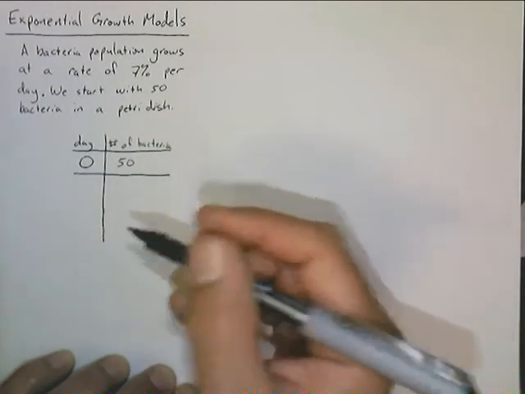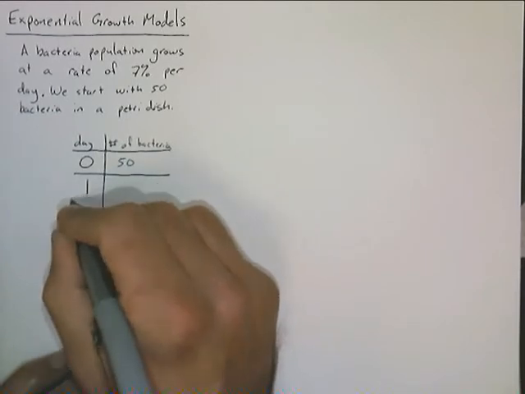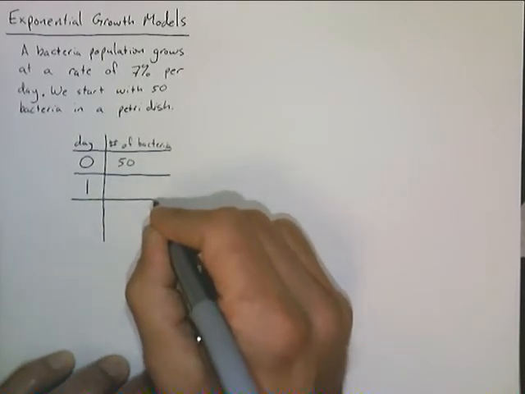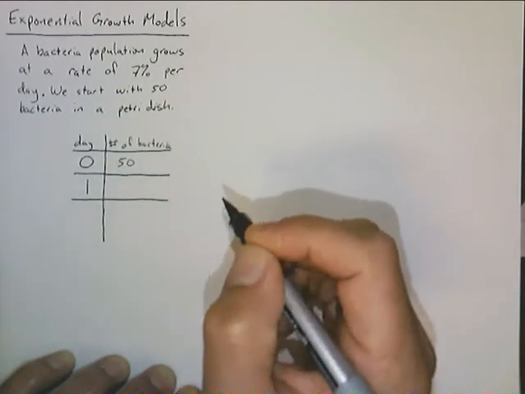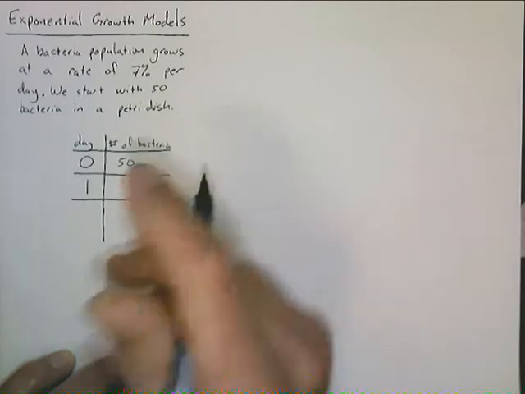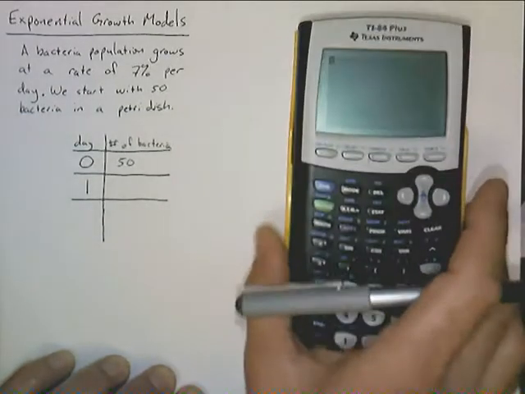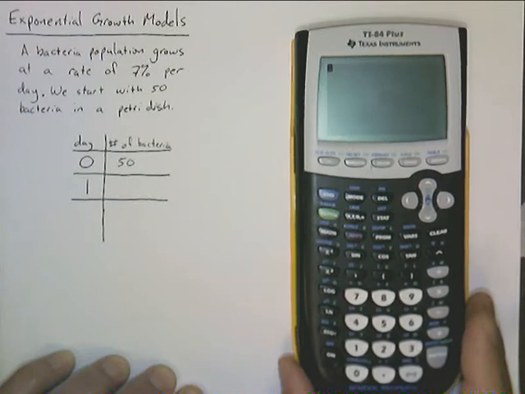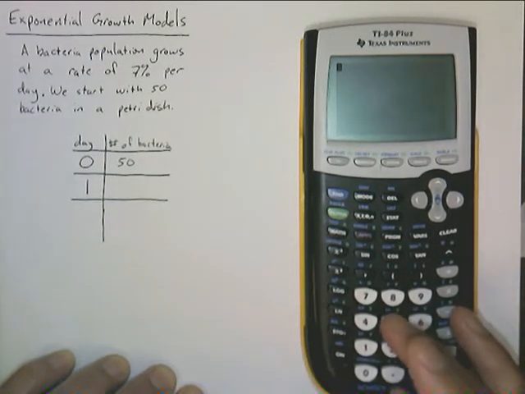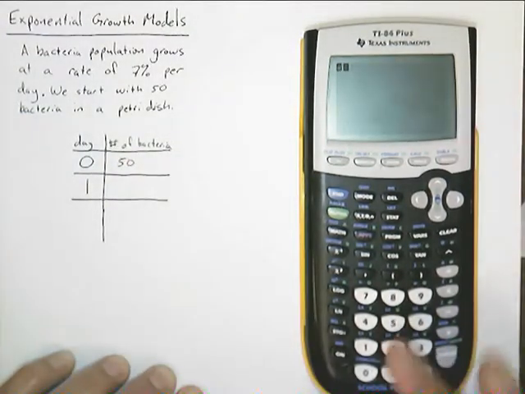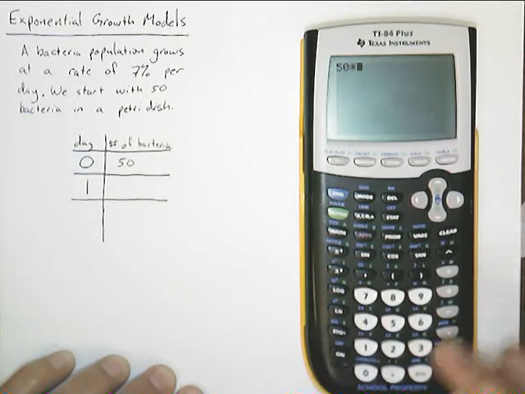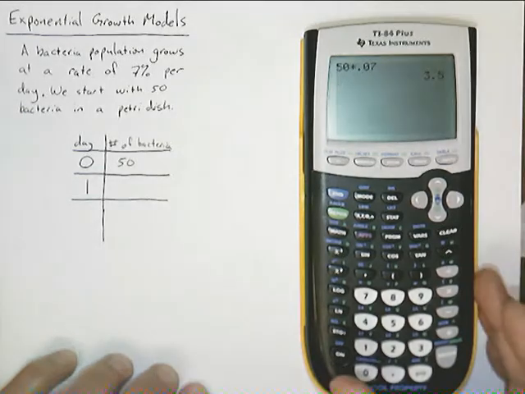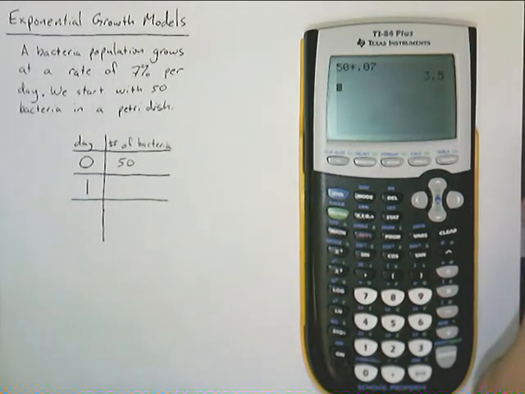But then after 1 day passes, we're going to increase the population of bacteria by 7%. If we wanted, we can break out our calculator. We're going to gain 7% of these 50 bacteria that we started with. Since 7% is 0.07 written as a decimal, type that in, and we get 3.5 more bacteria.